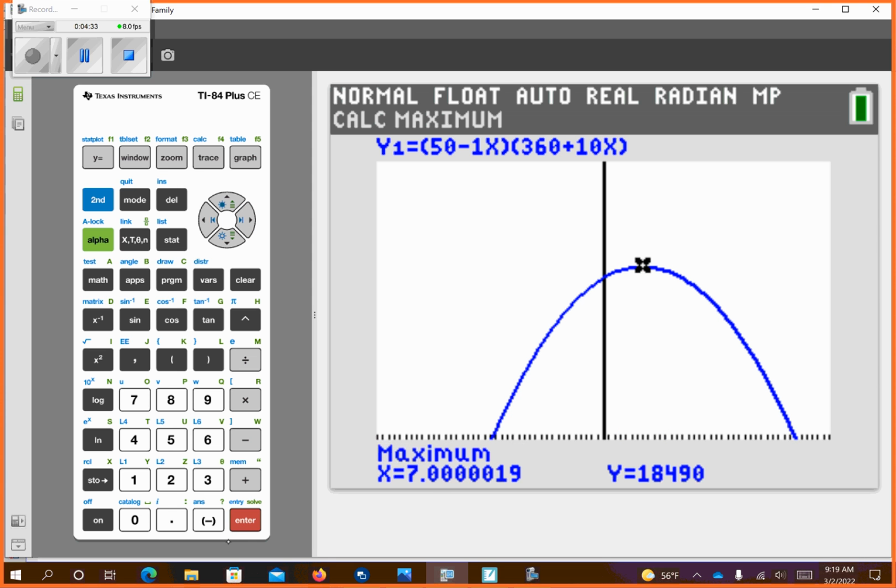So it looks like if we had 7 units not occupied, so 7 times 10 is 70, that means 360 plus 70 is 430. If we charged $430 a month, and that's less than the $450 limit, we would then bring in $18,490 in revenue.